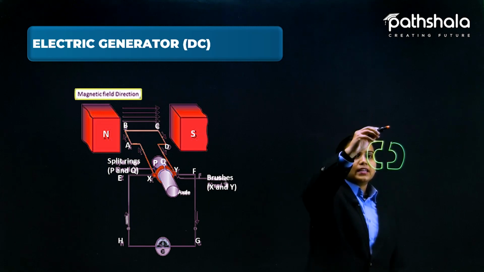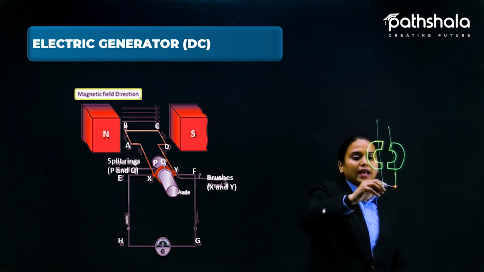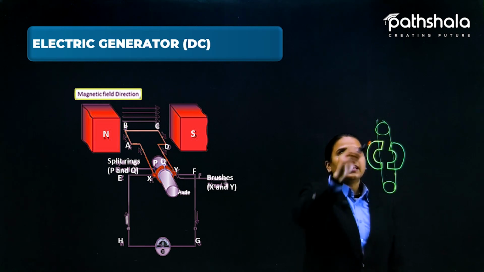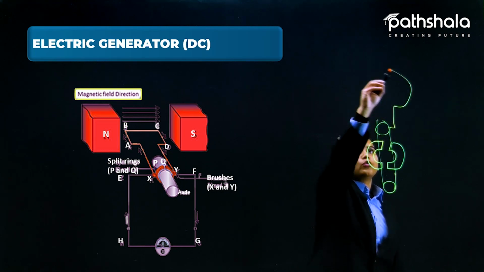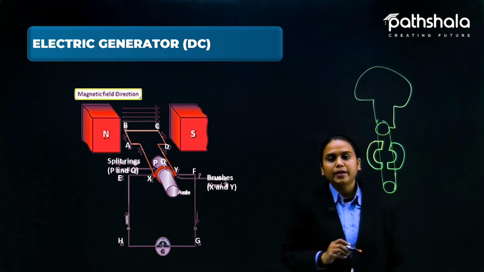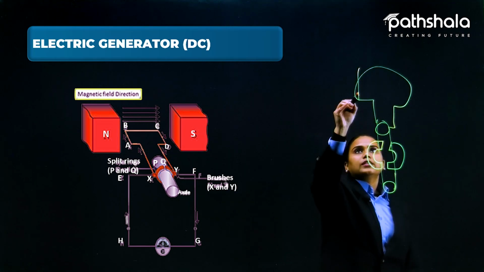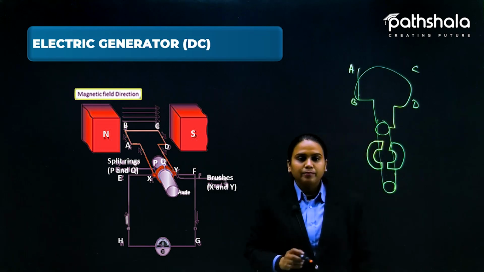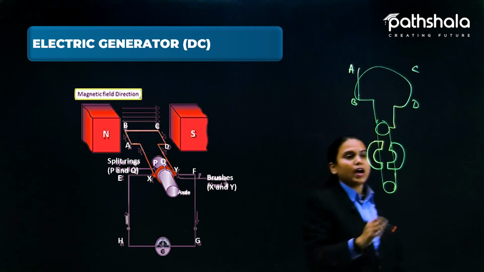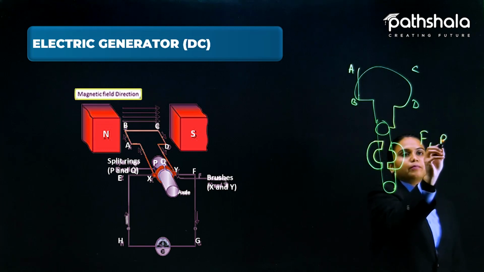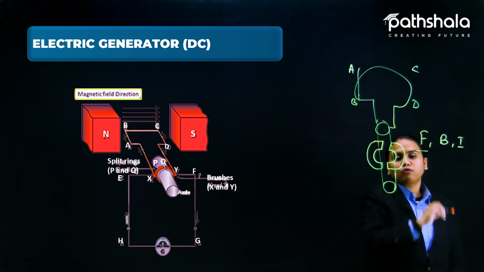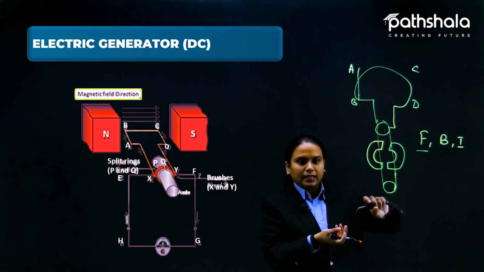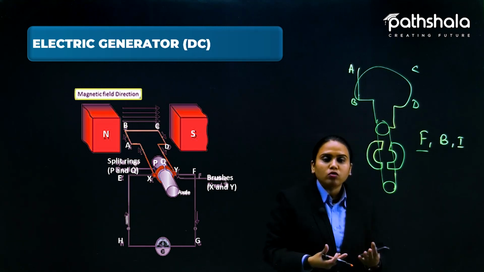You know that the axle is here in between, and that axle is going to rotate. So with this axle, this coil is going to rotate. This is ABCD. So this part is AB and this is CD. Now you know that we are having three things, that is F, B and I. F means the force that we are going to provide, and if we are rotating this axle, we are providing an external force.